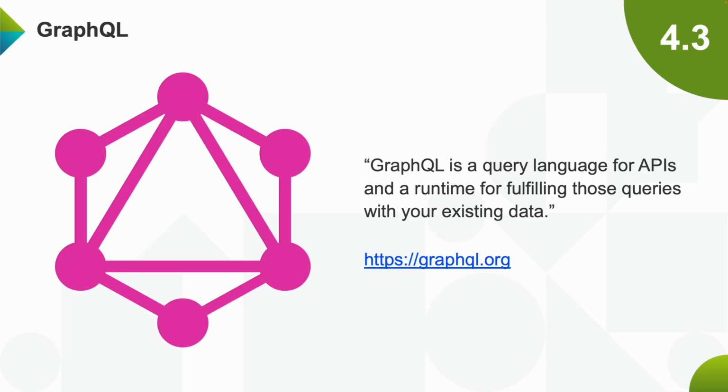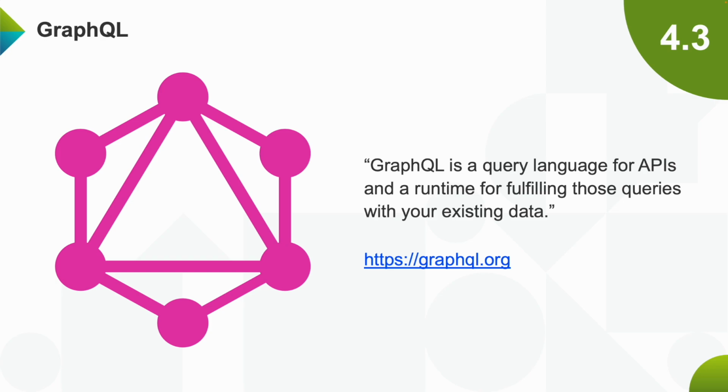GraphQL filtering is one of the new features in Microgateway 4.3. But what is GraphQL? On GraphQL's website, it is described as follows. GraphQL is a query language for APIs and a runtime for fulfilling those queries with your existing data.